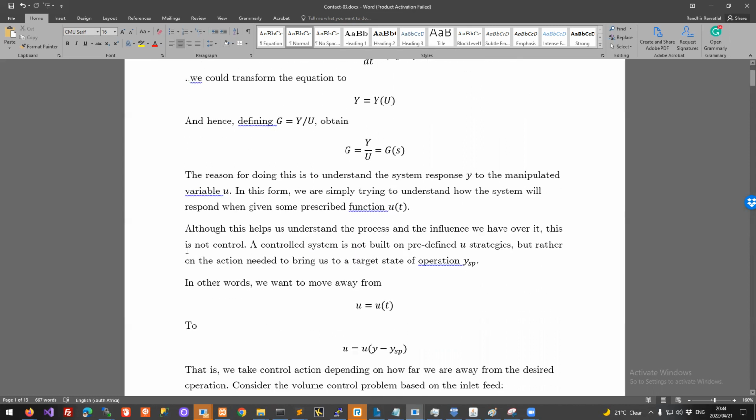And an important note here is that this helps us to understand the influence, but it's not exactly control, right? If we are prescribing this function u of t, right? If we are saying, let's apply a step input or a sine wave input or a ramp function, that is not actually control. Typically, we want to set a value for y.